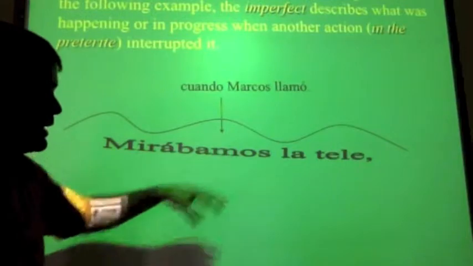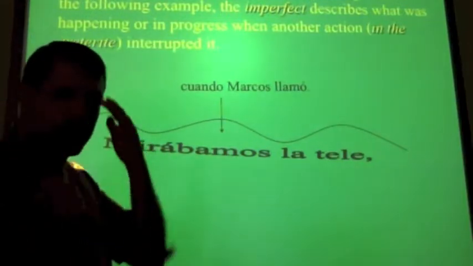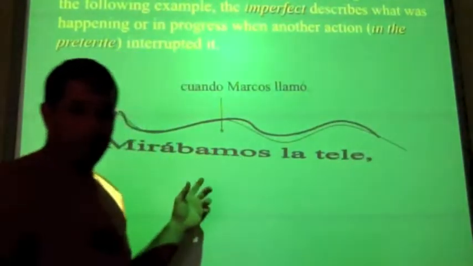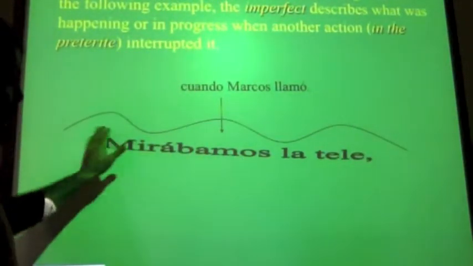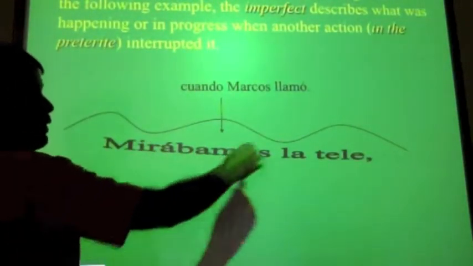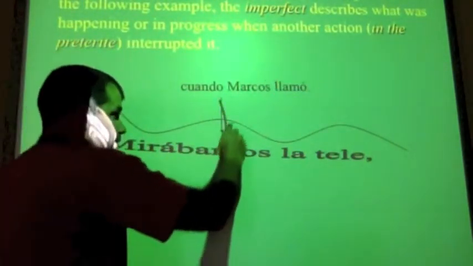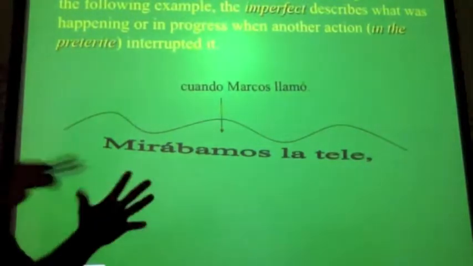So we were doing this, and to give a visual picture, I like to think about a wavy line as the imperfect. So it's a wavy line meaning it was ongoing. That action was ongoing. We were watching the TV. And then I like to think about the preterite tense as a one-time point on that continuum.